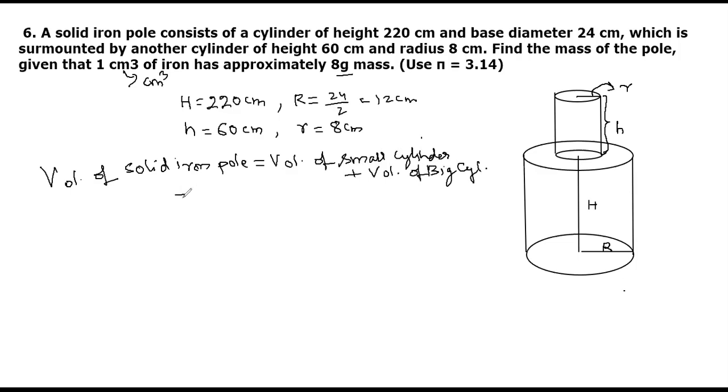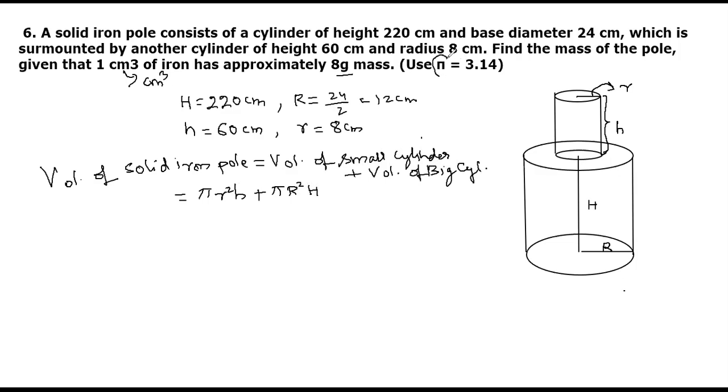The volume of a cylinder is pi r square h. So the small one will be pi r square h, and for the big one you will use pi R square capital H.